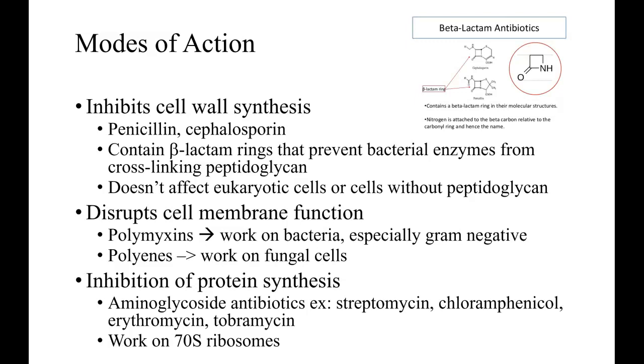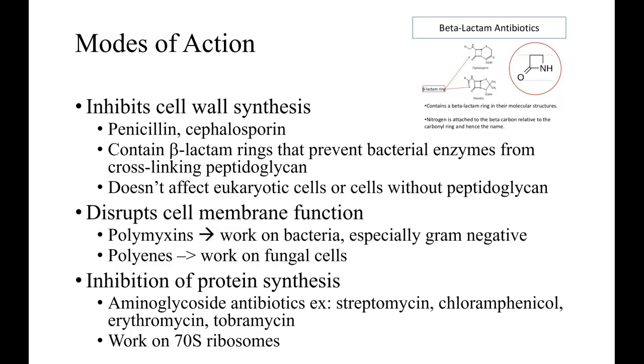It's not able to make that cell wall, it's not able to make its fence. That means it's going to be vulnerable and it's not going to be able to live. This is an example of being selectively toxic because it's not going to harm our eukaryotic cells because we don't have peptidoglycan. So some of our first drugs, things like penicillin, cephalosporin, amoxicillin, work by using these beta-lactam rings.